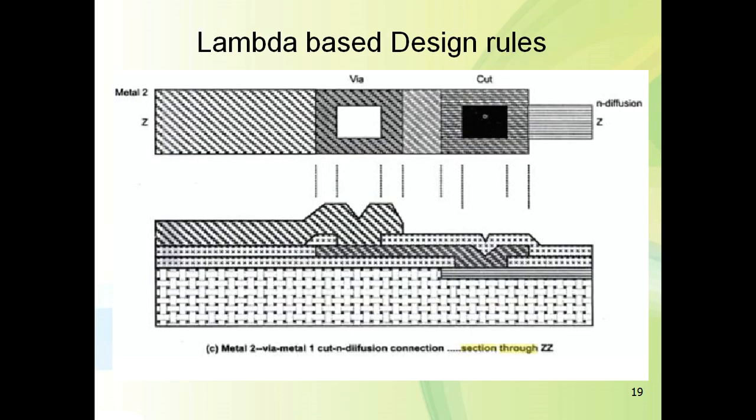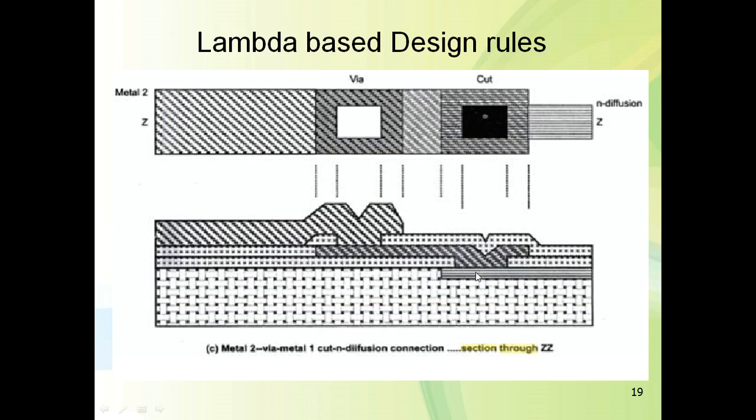Here it is a via connection, as we have discussed earlier, that is metal 2, then metal 1, and the diffusion. You can see here this is a cross section through ZZ. This is the diffusion layer, then this is the metal 1 layer.